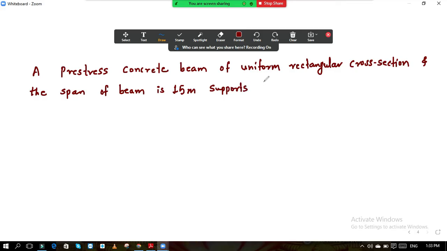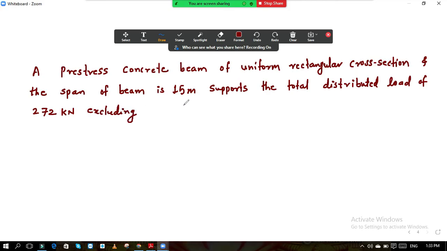Suppose the total distributed load of 272 kilonewton, excluding the weight of the beam.